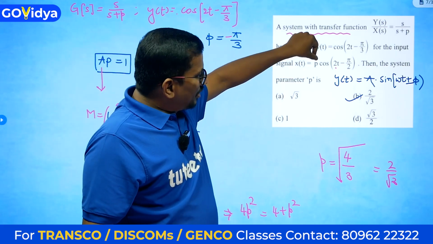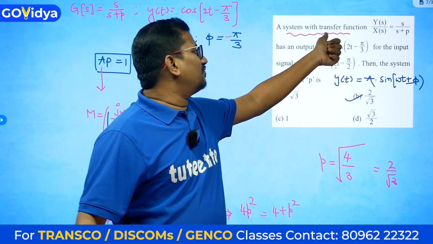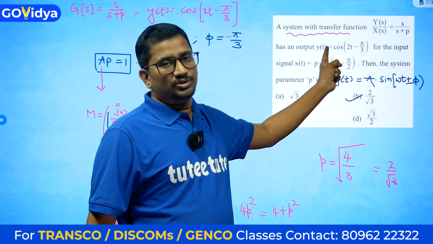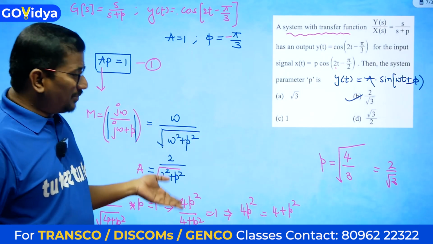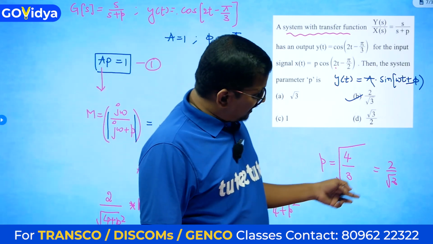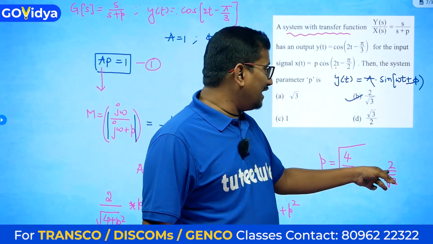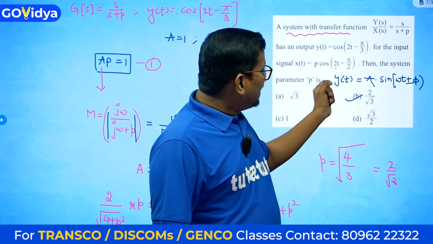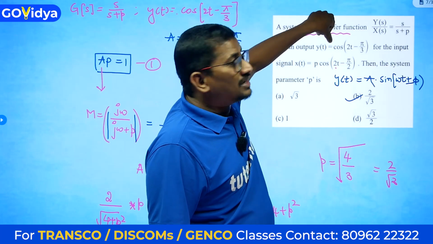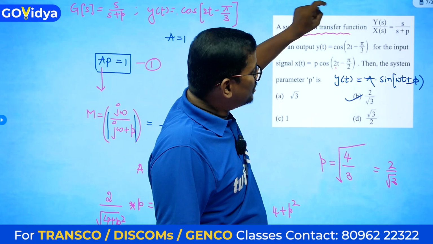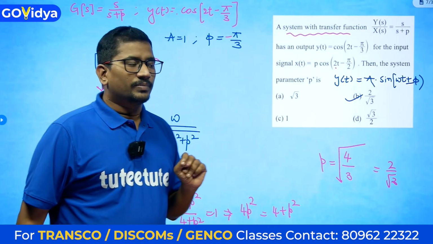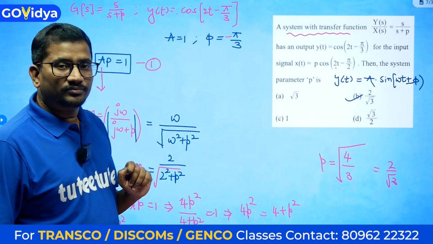So the product of these two, they have already given as 1. So I need to calculate simply the value of P, such that I will be getting the steady state output as 1, whose magnitude is 1. Got it? Yeah, please take it down.